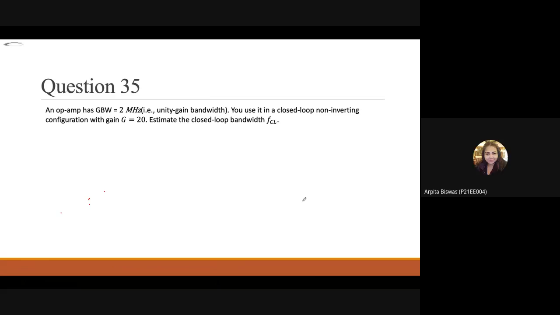Tell me how to find it. Ma'am, FCL is equal to GBW by G. Okay, so the answer is FCL equal to GBW by G. GBW is 2 megahertz and G is equal to 20.